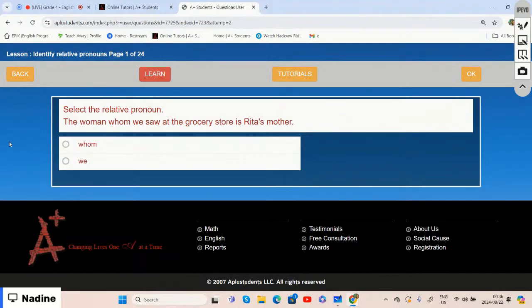So we need to select our relative pronoun. Is it whom or we?